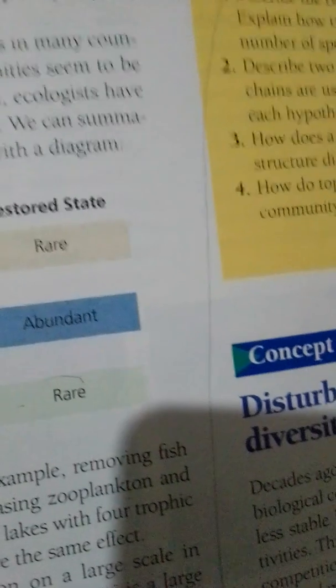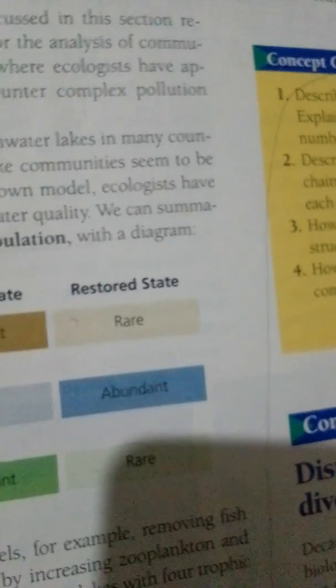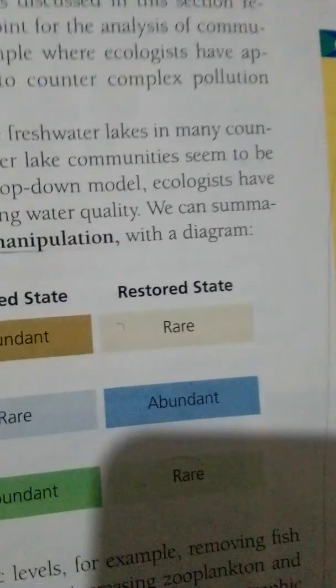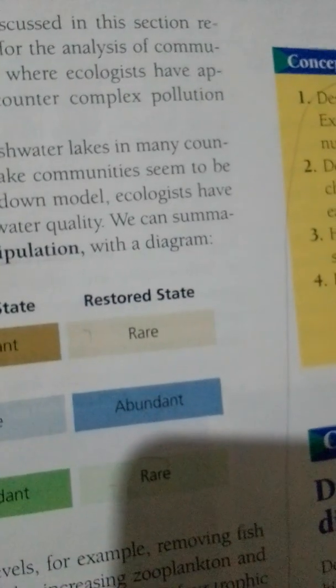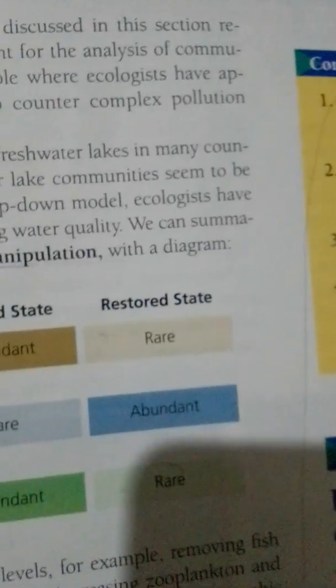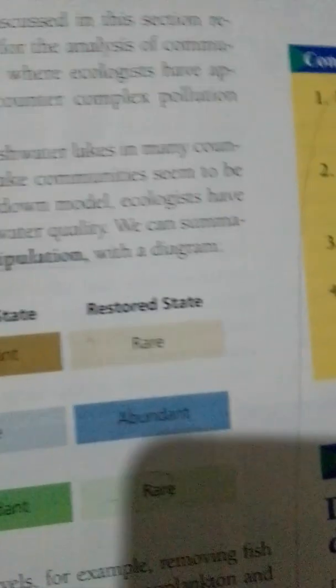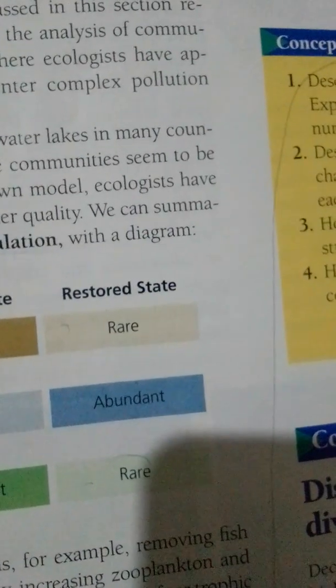In lakes with three trophic levels, for example, removing fish should improve water quality by increasing zooplankton and thereby decreasing algal populations. In lakes with four trophic levels, adding top predators should have the same effect. Ecologists applied biomanipulation on a large scale in a lake in southern Finland.